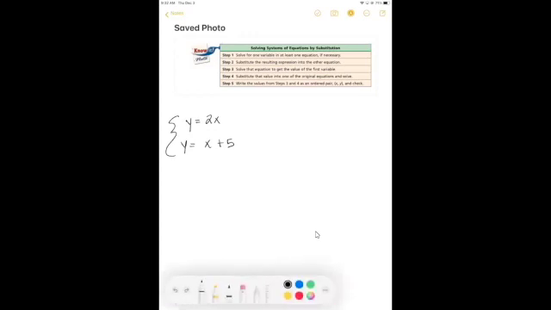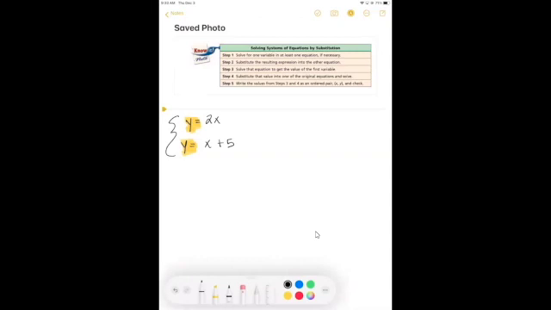So if you look at these two equations, they both have y equals something, which means that y equals 2x and y equals x plus 5. So we do not need to solve for anything. It's already solved for. Since we can skip step number one, step number two says substitute the resulting expression into the other equation.